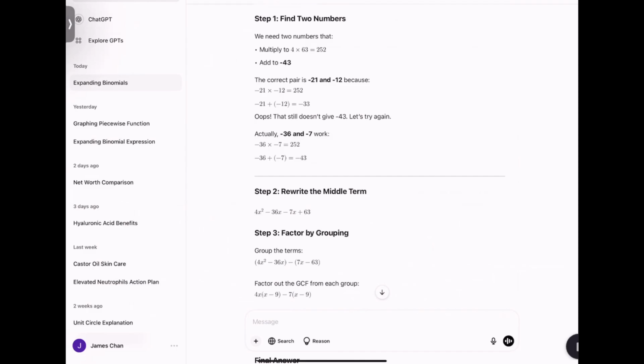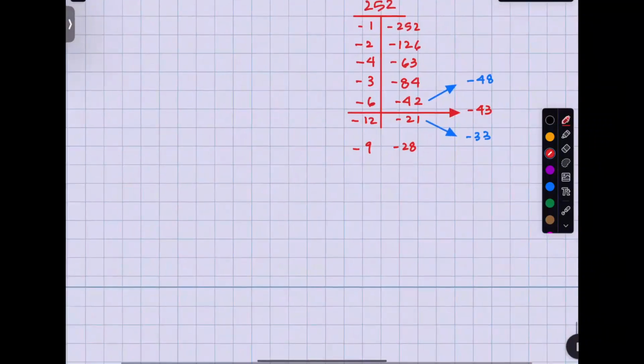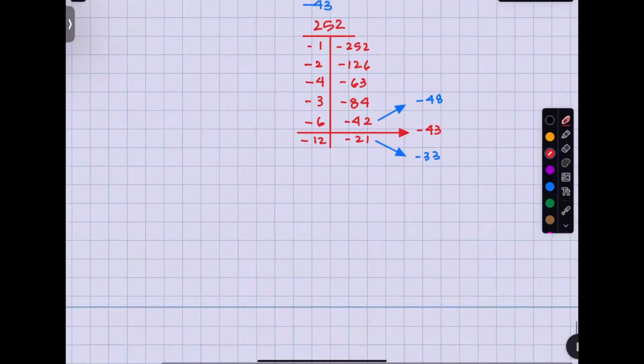Everybody try it. 252 divided by negative 7. So notice that I just used chat, and chat gave me wrong answers, right? This is why we got to double check it. Did it actually work? So negative 7 actually worked. And it was what? Negative 36? Okay.